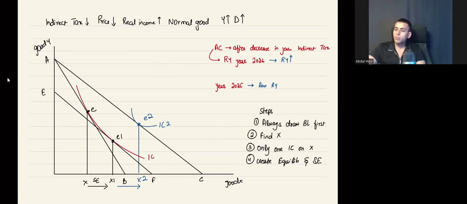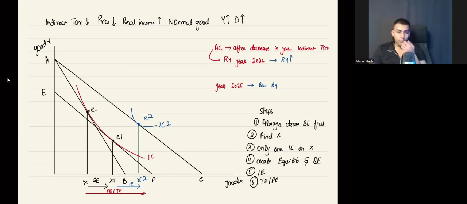And if I sum up both of them, from X to X2, what will I get? I will get price effect or total effect. So your fifth step will be to identify income effect, and your sixth step will be to identify total effect or price effect.